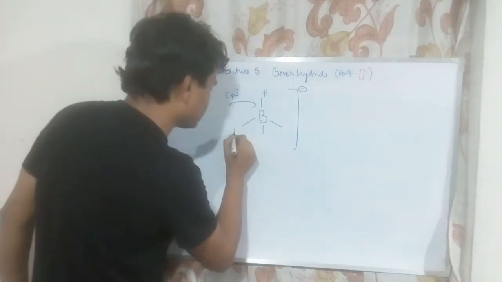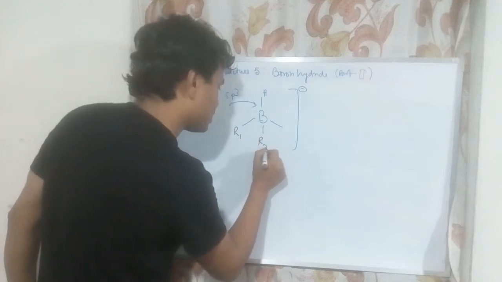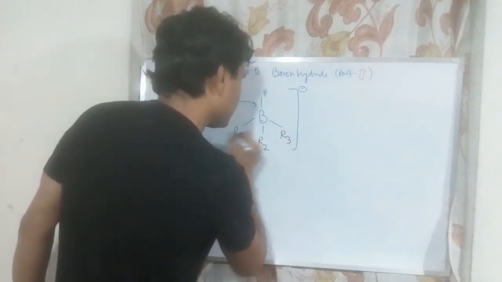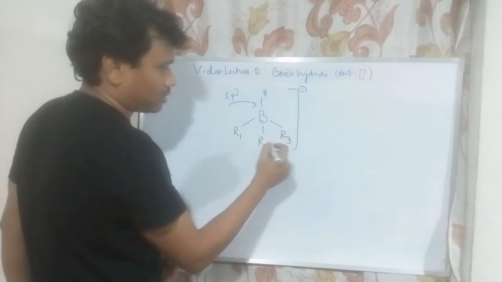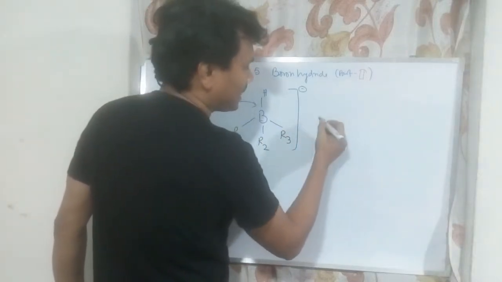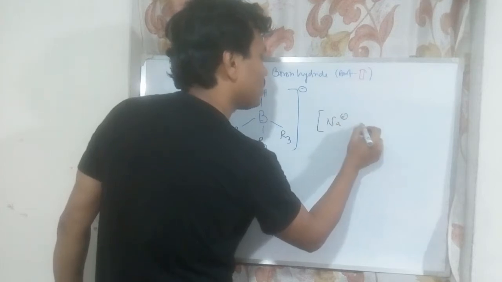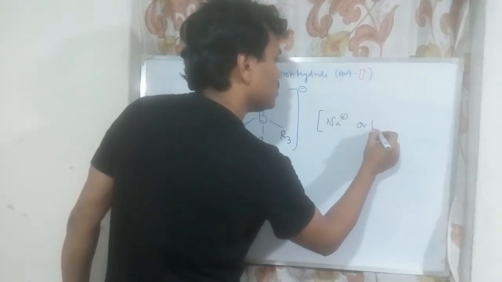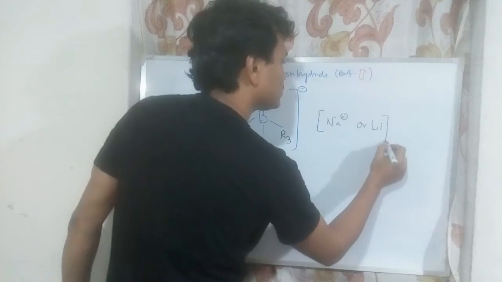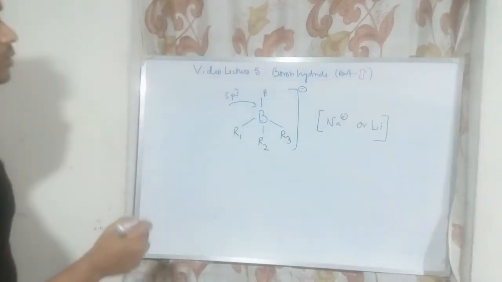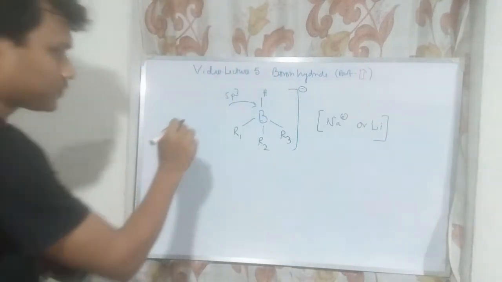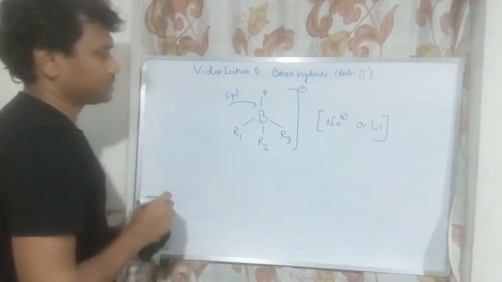So for example, let's consider R1, R2, R3. And in case for counter metal cation, we mainly consider sodium plus or lithium plus. So first let's focus on this 3 substitution.